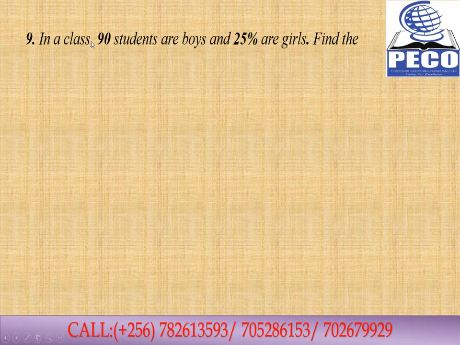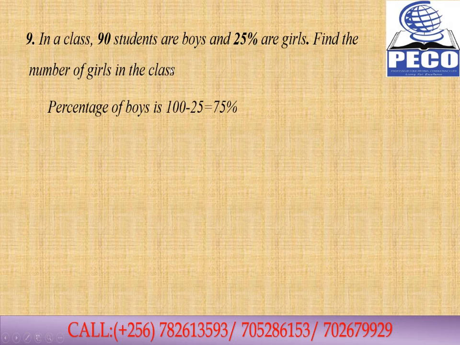So we don't know the total number in class, but we know the number of boys. So it is a class and 90 are boys, 25% are girls. The question is, find the number of girls in the class. Now we need to think.